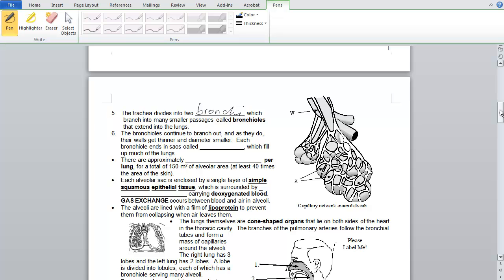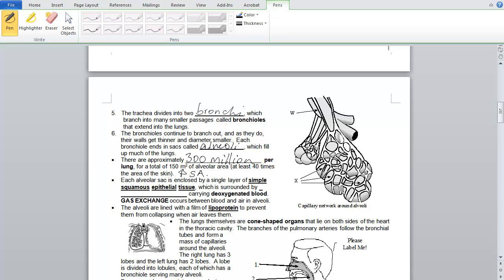Each bronchiole ends in small sacs called alveoli, which fill up most of your lung volume. They are approximately 300 million alveoli per lung. So that's a lot, giving you a lot of surface area, and this surface area is for gas exchange, so just thinking of that.